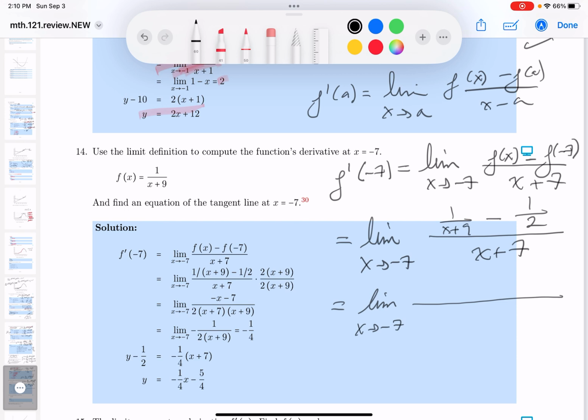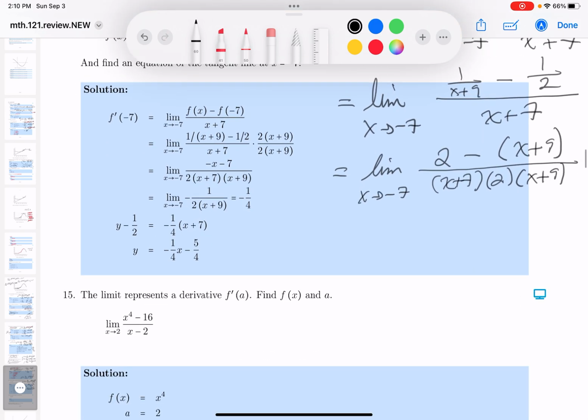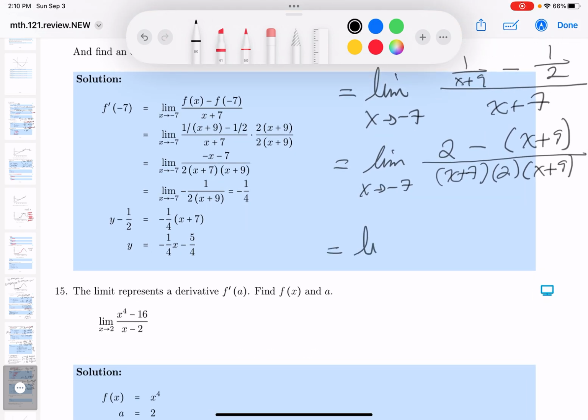Let's write it down. What do you get? X plus 7. The minor LCD is going to be 2 times x plus 9. When you multiply the top by the minor LCD, you're going to get 2 minus x plus 9. Okay, what do you get now? You get limit, x goes to minus 7.